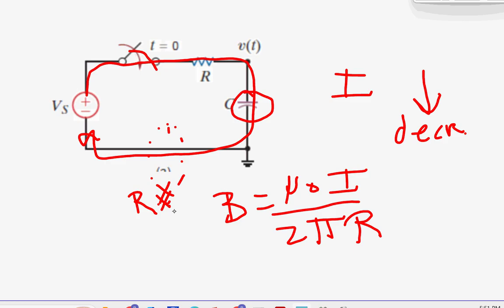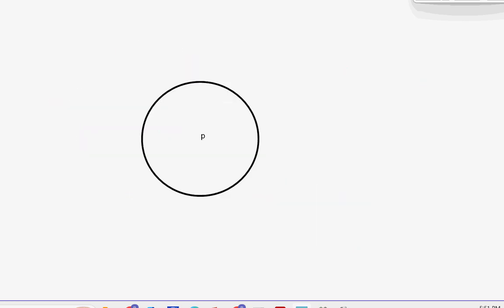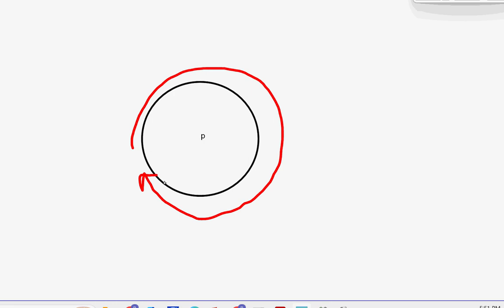Let's take a look at another situation here. Again, we did this one in class. Let's say I've got a circular wire with current going in this direction, and I want to get the magnetic field at this position P in the middle. This is going to be a Biot-Savart law application.